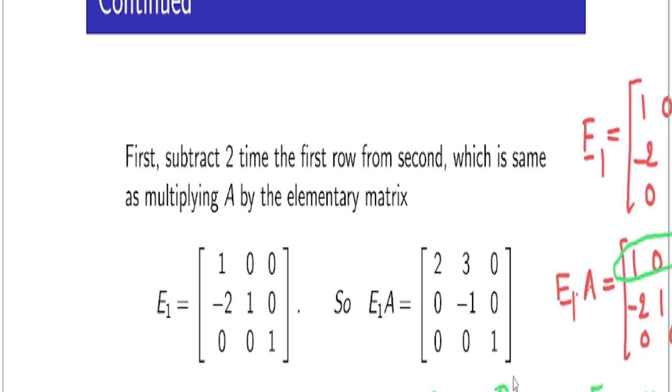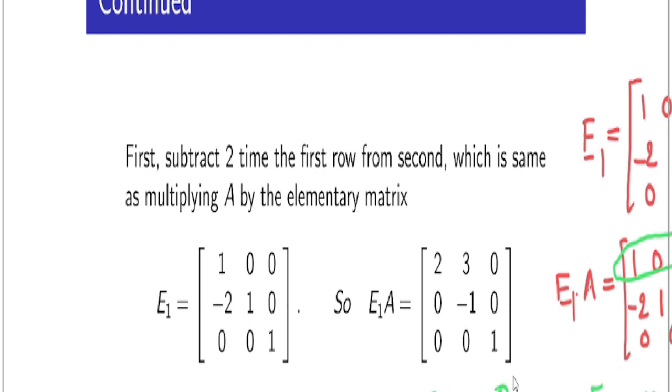0 1 0, 1 multiply minus 1. We get E1 is equal to this elementary matrix: 1 0 0, 0 minus 1 0, 0 0 1.